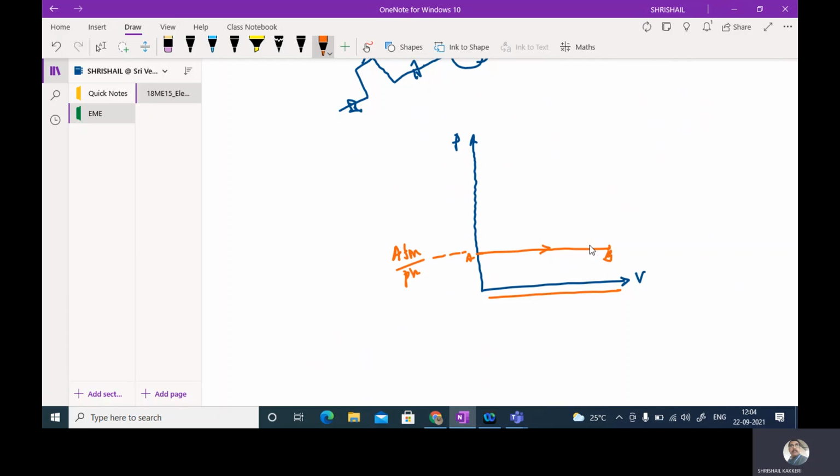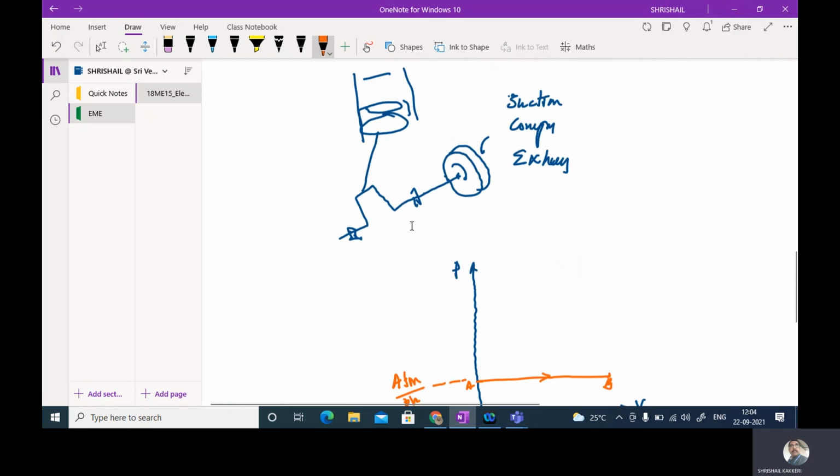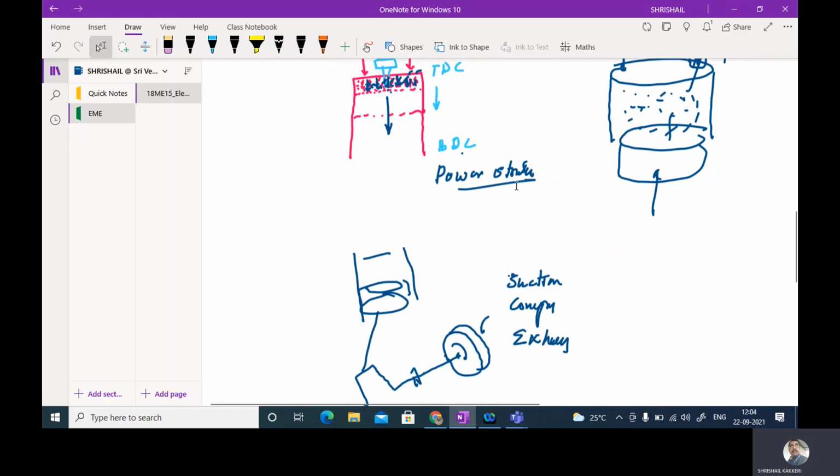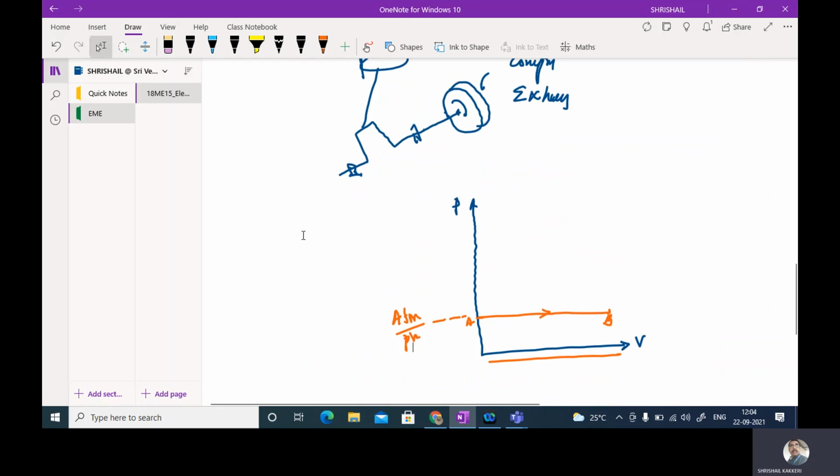And during the next stroke, what is this? The compression stroke. You can see that the first one is the suction stroke, the second one is the compression stroke. During this compression stroke, the compression of the fuel takes place. You can see that the pressure will be increasing, the volume will be decreasing.